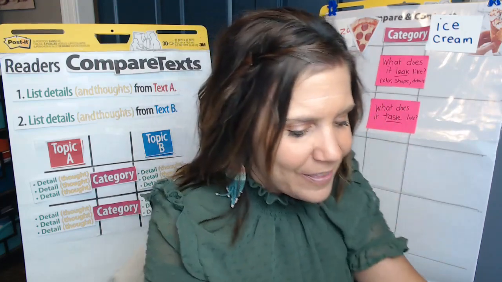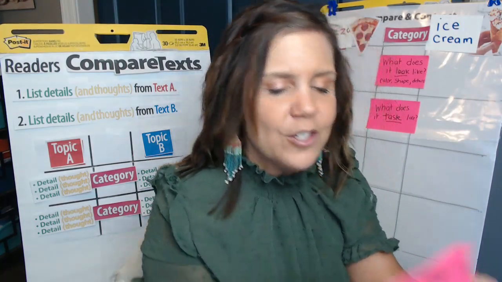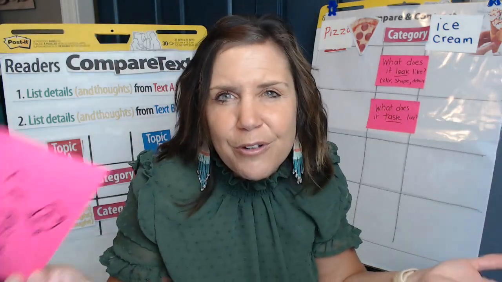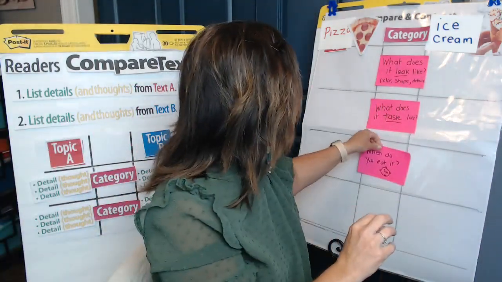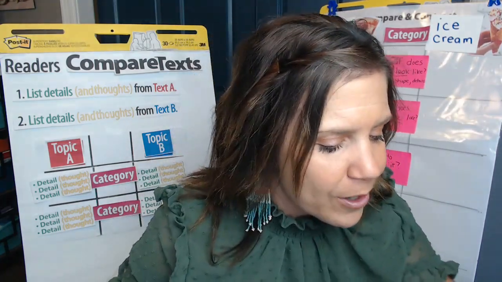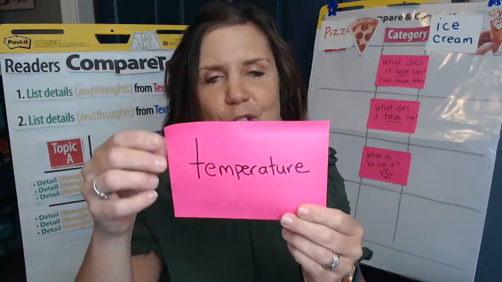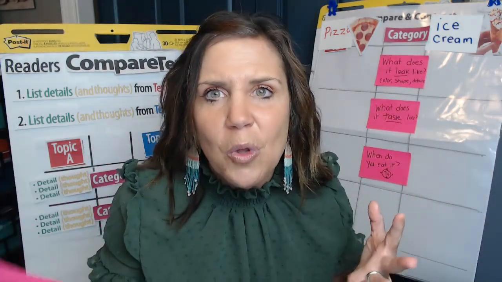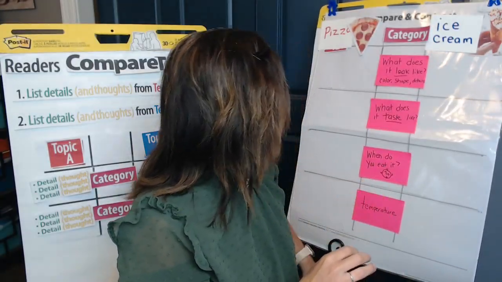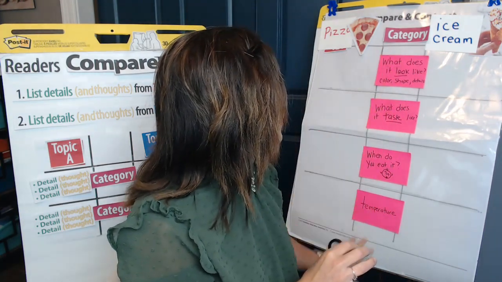Those kinds of things. Then when do you eat it? Would it be morning, afternoon, evening? Is it a meal? Is it a snack? And then we're going to look at the temperature. Is it hot? Is it cold? Is it warm? What is the temperature of that food? Okay, so those are the categories we're going to look at.